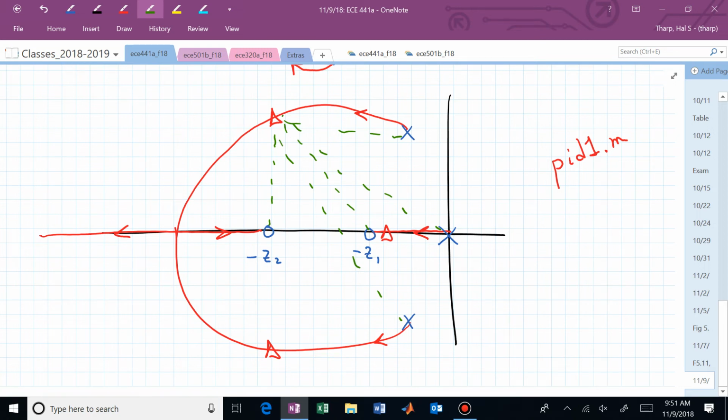And I may add on after class some notes to be a little bit cleaner on how we would find the gain for our PID controller.